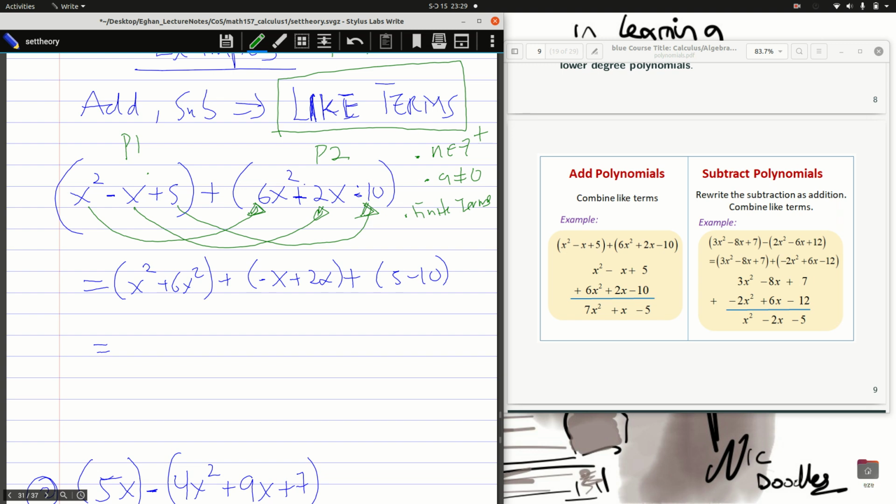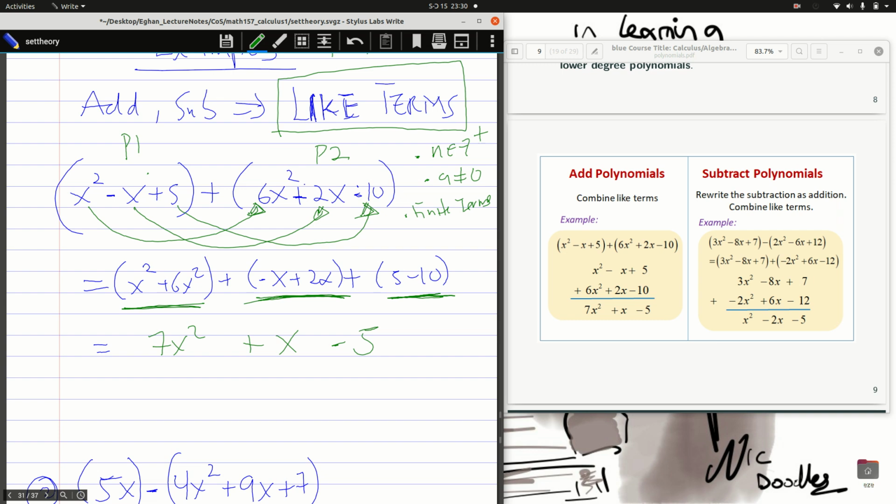So those with the square index, when I add this, I'm going to get 7x squared. Those with just one index, I'm going to get x, and then those with no index, that is a constant, I'll get -5. Then you can confirm the properties.